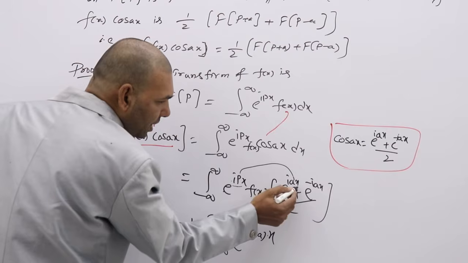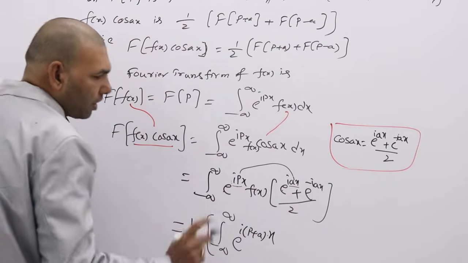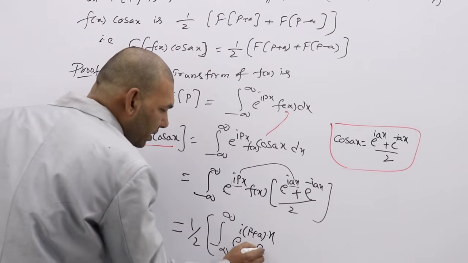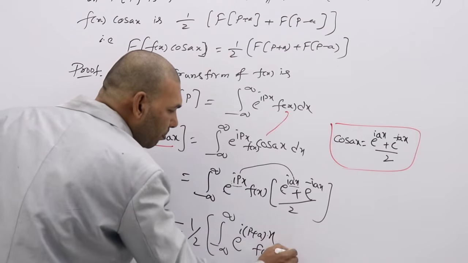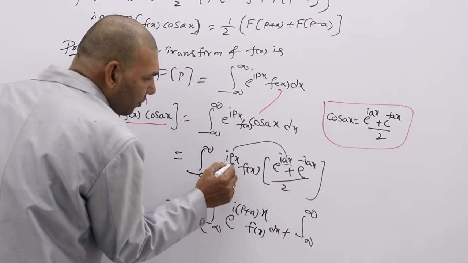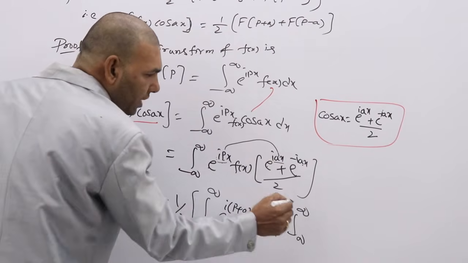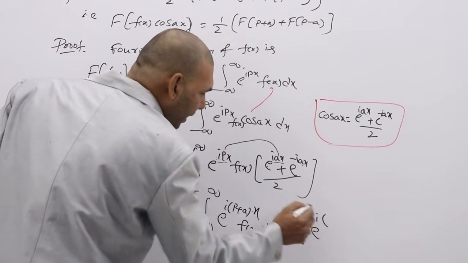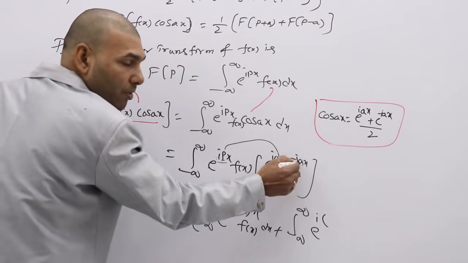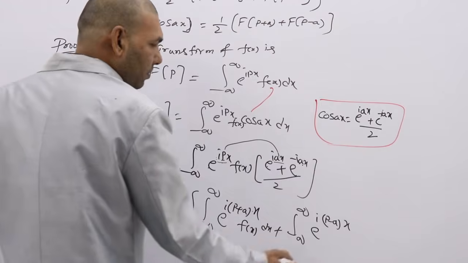In ipx and iax, ix are common, the leftover is p plus a. F of x dx, one integral, plus integral minus infinity to infinity, second one. If you see the second one, ipx minus iax. Here also ix common, but here p, here minus a. P minus a you are having. E power i into p minus a x.